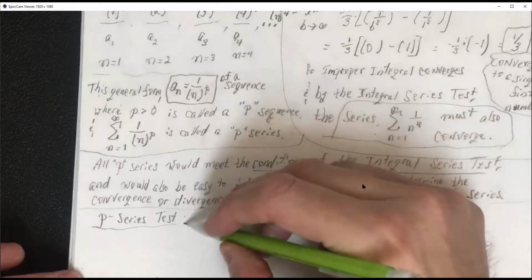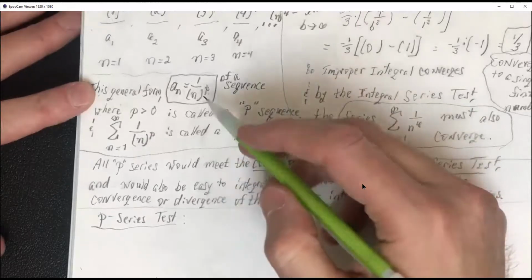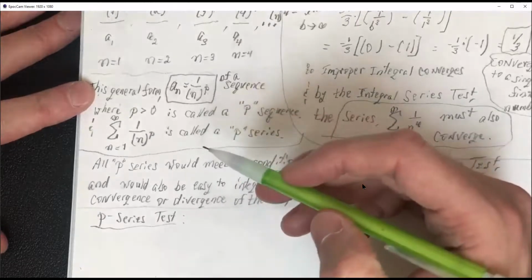So, when can we use the P series test? Well, the sequence has to be a P sequence. Yeah?